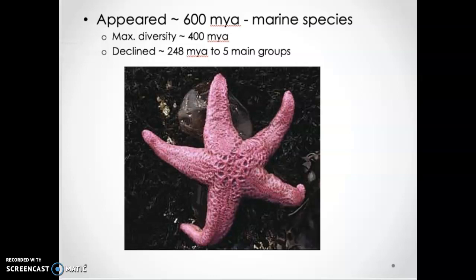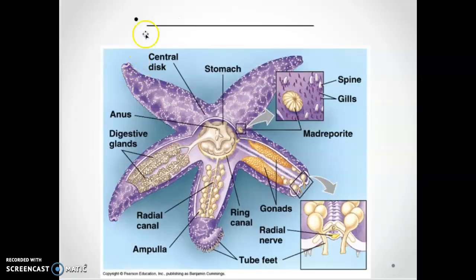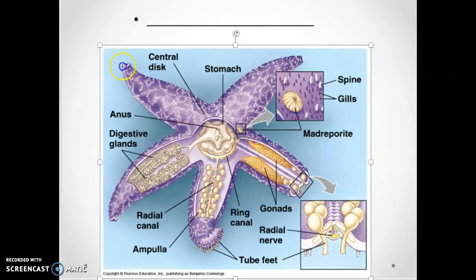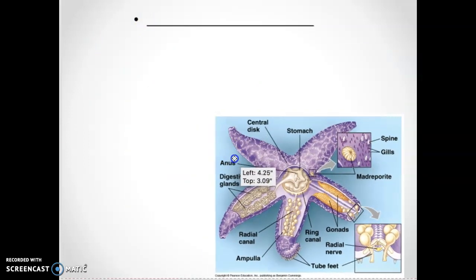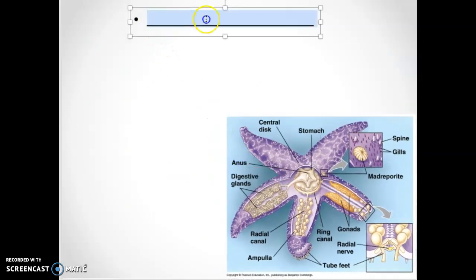One of the big features is this really cool thing called a water vascular system. It's a feature found across the echinoderms.